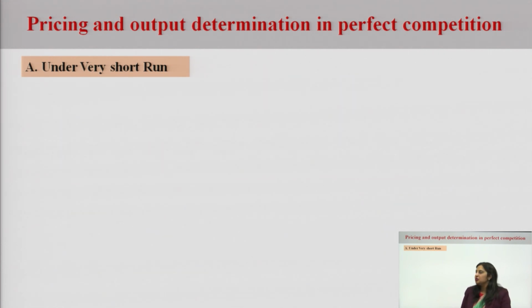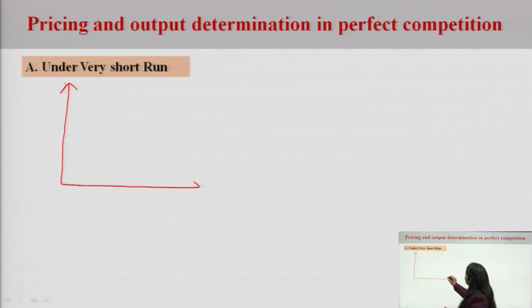Under the very short run, how is the price determined? Again, the price is determined by demand and supply, and the supply is constant. So, here there is no question of finding the optimum output, because whatever quantity he has for today, he has to sell it; he cannot maximize or minimize it.